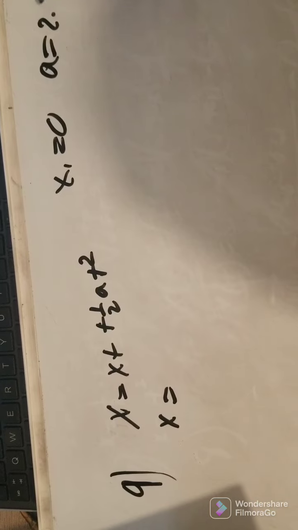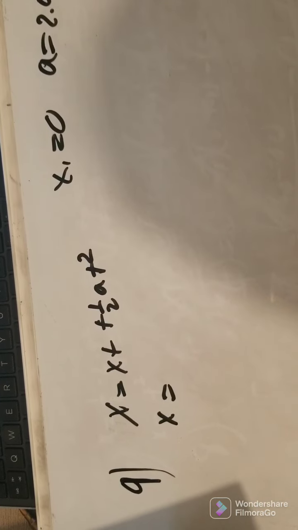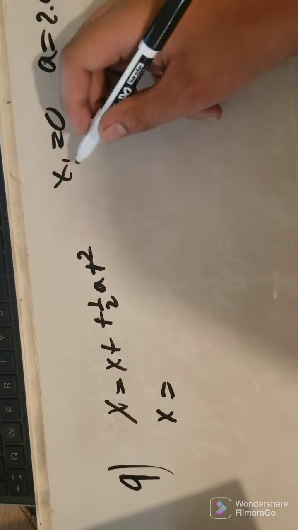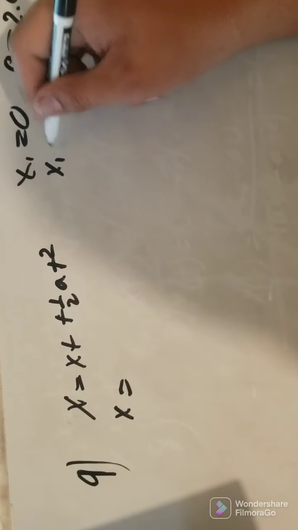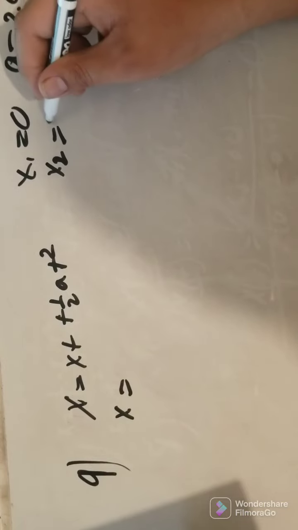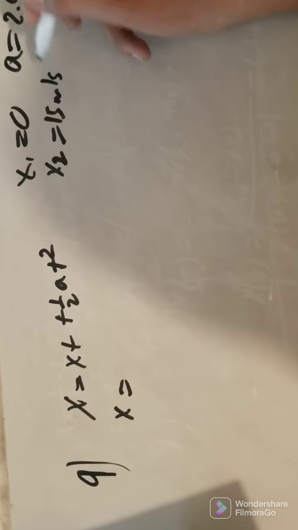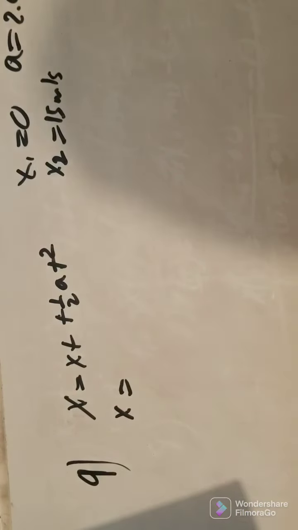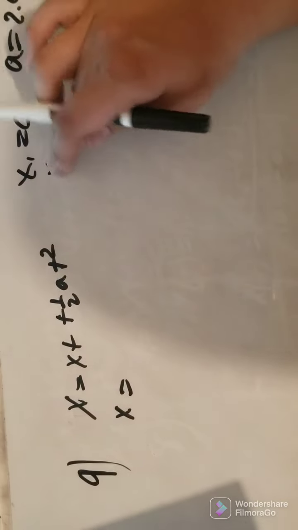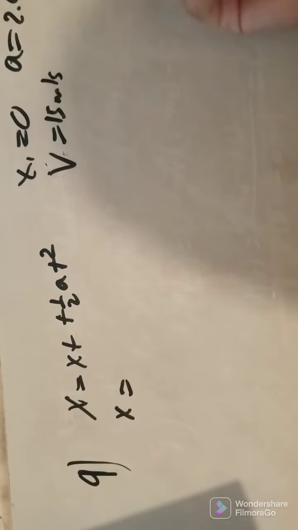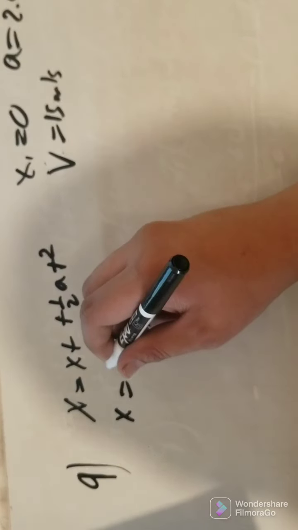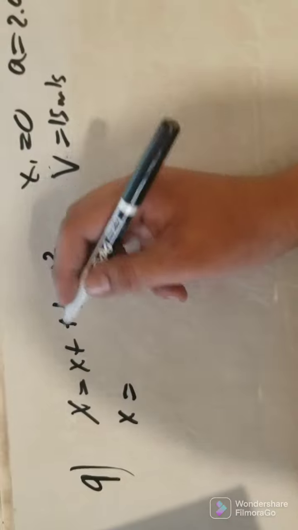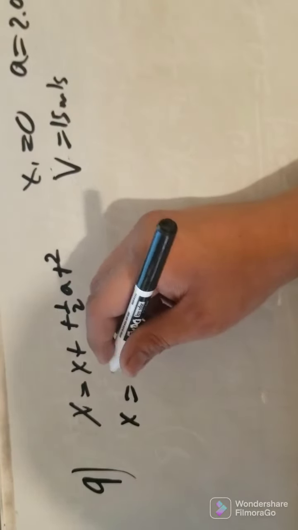And then it accelerates at 2.00 meters a second squared. And the truck, which I'll say x2, has a velocity of 15 meters a second. I can just say v. So, I'll have to rearrange the equation to find the time.